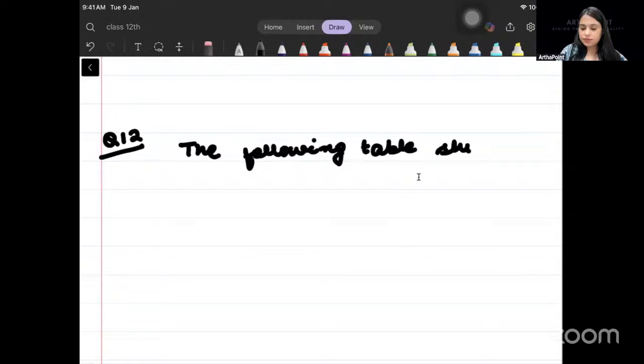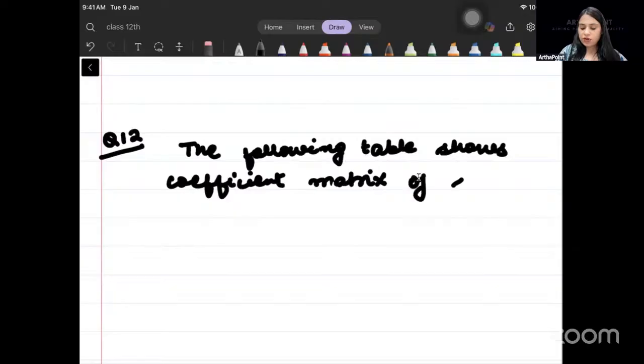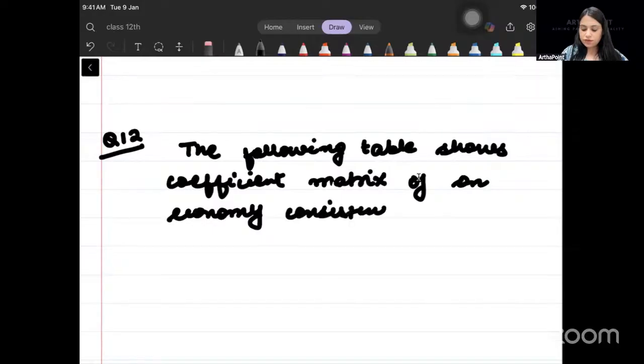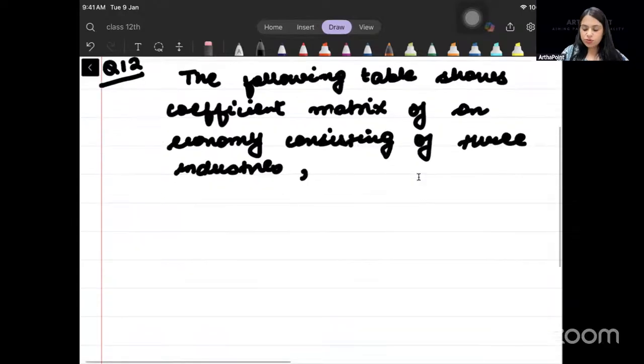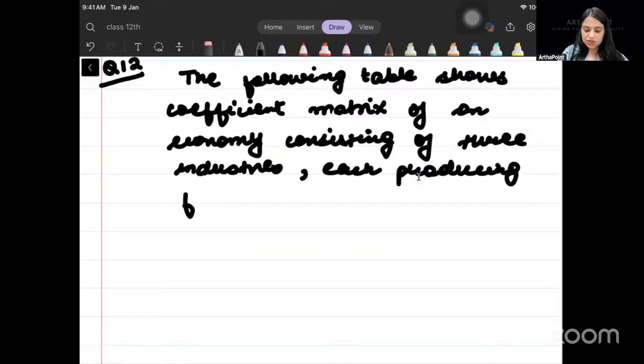It says the following table shows the coefficient matrix of an economy consisting of three industries, each producing for their internal use as well as external use.